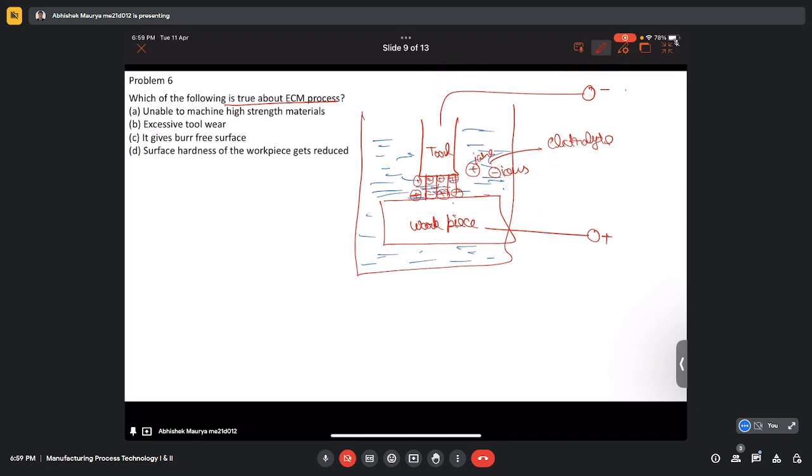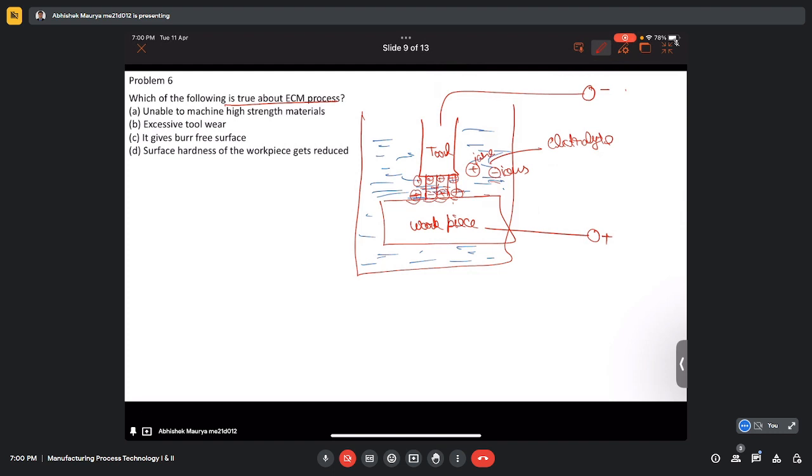So here the material removal takes place because of the electrolytic reaction process. If the potential which we have applied is sufficient, and the current which will be generated, and we have appropriate electrolyte, then the ions will come and react with the workpiece material, and they will get precipitated, and we will flush out the precipitates.